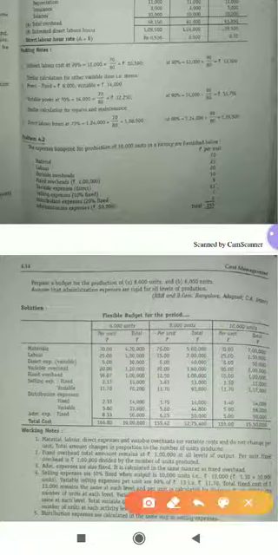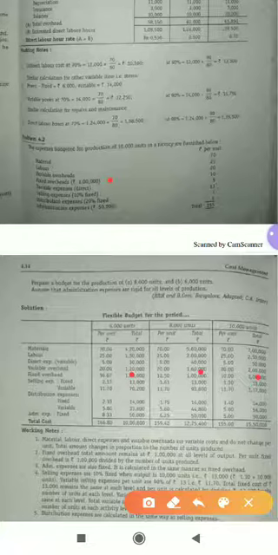Next we have fixed overheads, that is 1 lakh. I have told you, fixed cost per unit will decrease as production increases, but total fixed cost will remain same. Look at here, here we have 1 lakh, 1 lakh, 1 lakh. I have told you total fixed cost will always be same irrespective of level of activity.